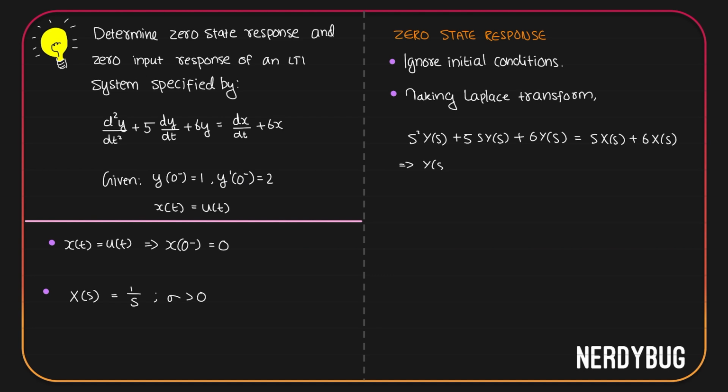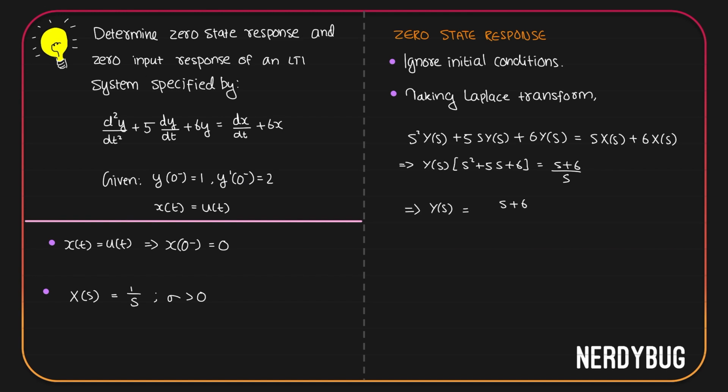Combining the terms, we get Y of s multiplied by s square plus 5s plus 6 is equal to X of s multiplied by s plus 6. But we already found X of s is 1 by s. Let us substitute that over here. So we will get s plus 6 divided by s. Now we can easily write what is Y of s.